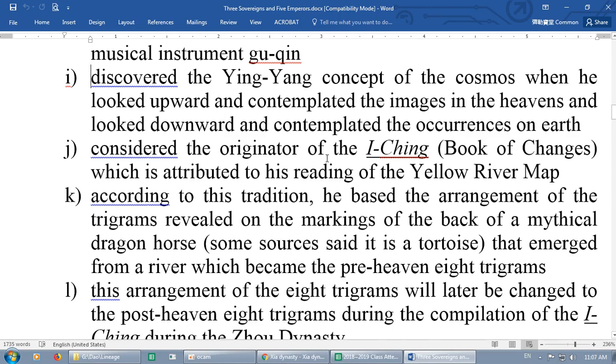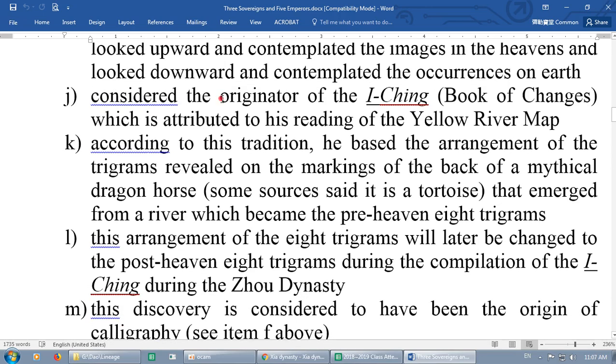And then the next item is, therefore he originated the notion of what we call the I Ching. Supposedly he was the first person who came up with the theories or ideas of the I Ching. Now, that was supposedly attributed to his reading of a Yellow River map called He Tu. It's very mysterious.